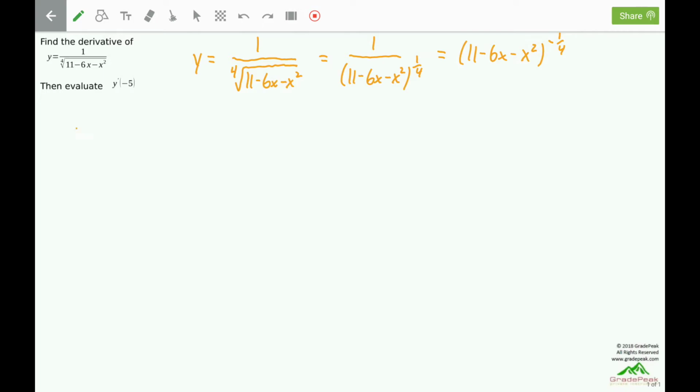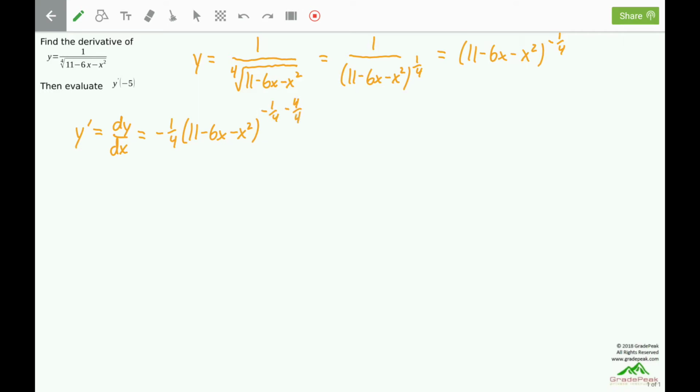The derivative, y prime, which can also be called dy dx, will be found by doing the power rule. Bring the power down, negative 1/4, times 11 minus 6x minus x squared, leave the entire inside alone, and then subtract 1 from the power.